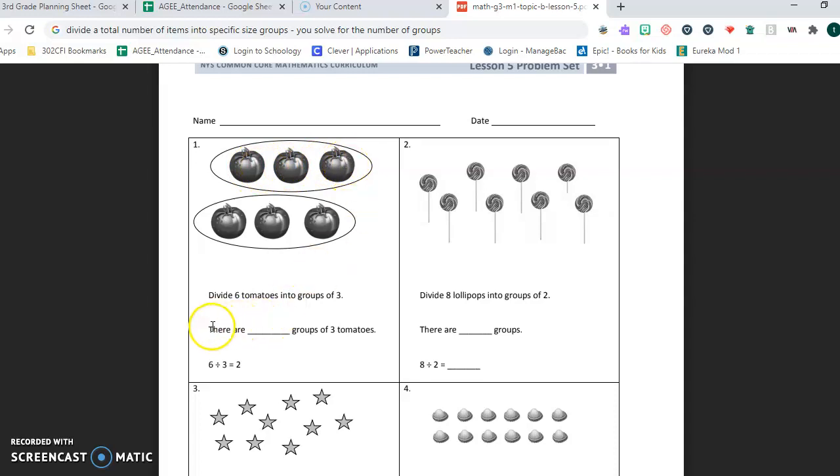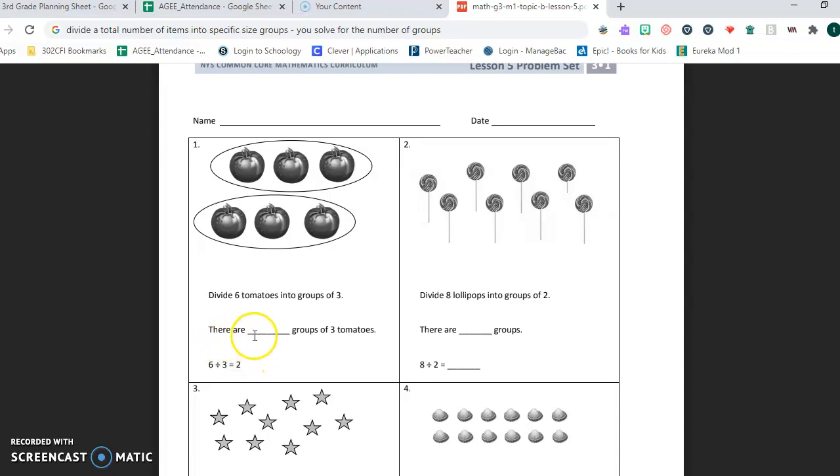Okay, so the division sentence or the division equation is down here at the bottom. 6 total items divided by, okay, pay attention to that symbol because you're going to have to draw it. It's a line with a dot above it and a dot below it. 6 total items divided by 3 items per group, or the size of the group is 3, and that gives us 2 groups.